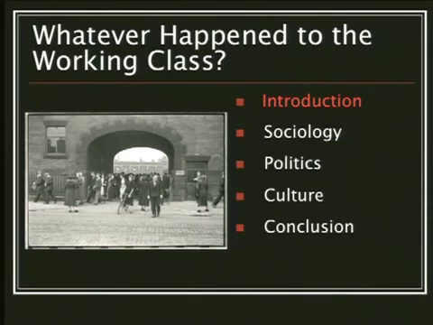Now, of course, you can't simply tell any story of a particular class without thinking about their relationship to the two other classes that are commonly held to exist, namely, in this case, the middle class and the aristocracy. There's a parallel story, of course, about the reshaping of the aristocracy and the middle classes in these years.